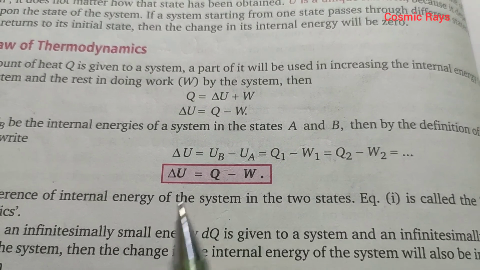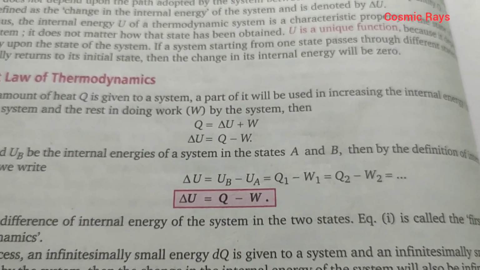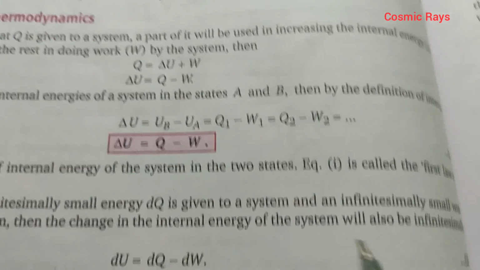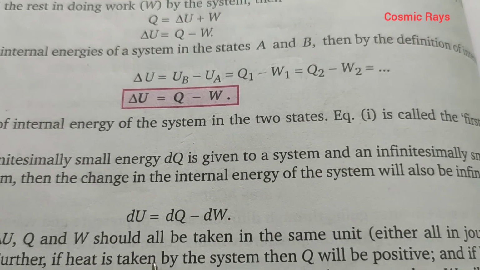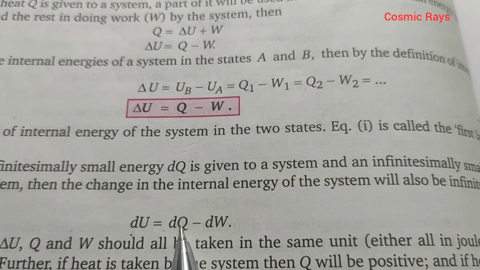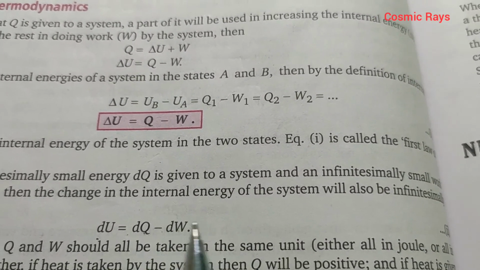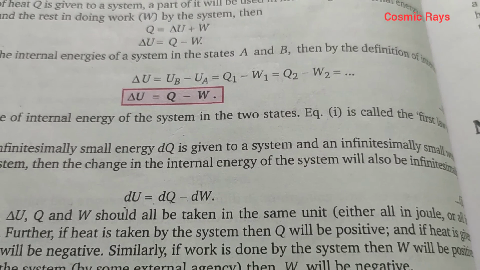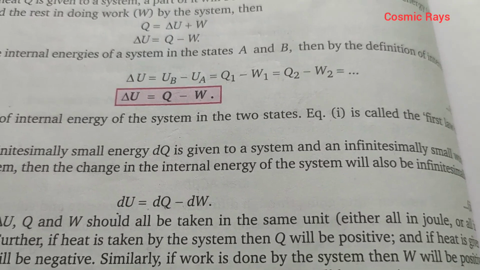If a small amount of heat energy is supplied, then there will be a small increase in the internal energy, and that will be stated as dU is equal to dQ minus dW. Now this equation, depending upon different types of processes, can take different forms.